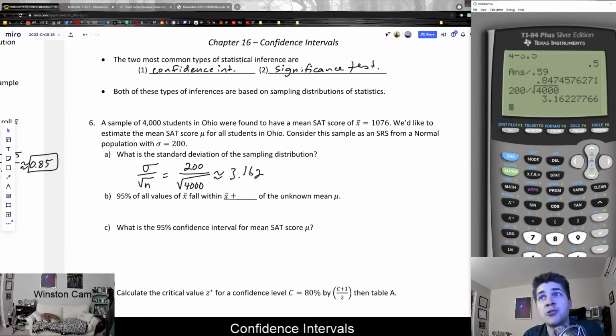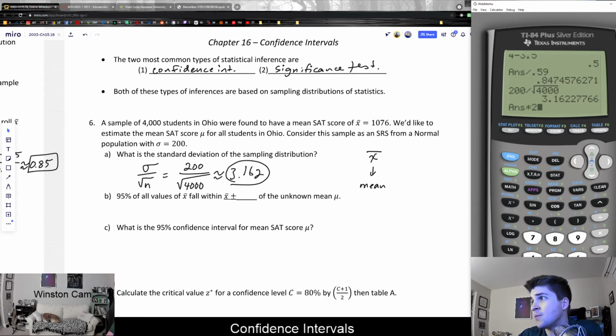Then if we want to calculate, for example, a 95% confidence interval, we want twice the standard deviation above and below the mean, because x bar is the center. We're assuming this is the mean of the sampling distribution, and our confidence interval would take twice the standard deviation for 95% of the data, based on the 68-95-99.7 rule.